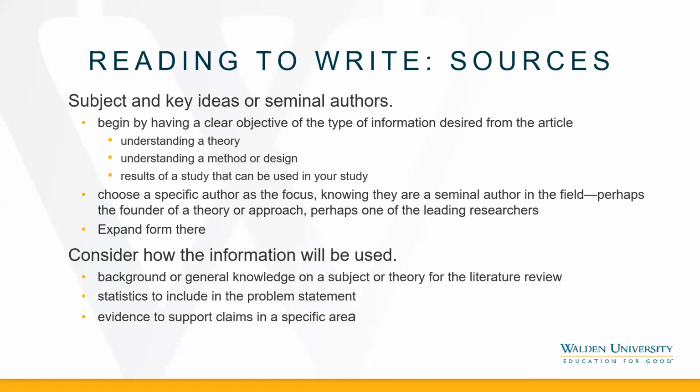You may choose a specific author as the focus, knowing they're the seminal author in the field. So that might also be another tactic, and you can expand from there in a kind of citation chain, just continuing to move from that.